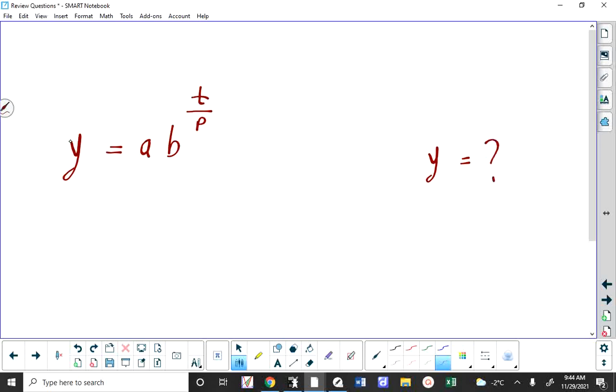So I might give you some information about compound interest, like our example in class, and say how much money is in the account after 12 years. Based on the question I just gave you, I can give you a problem where there's enough information, except you need to find p.